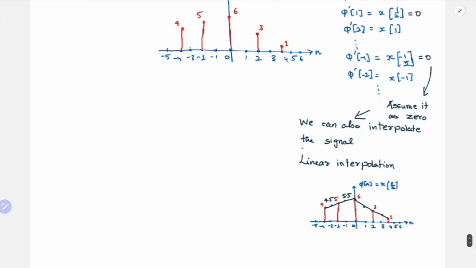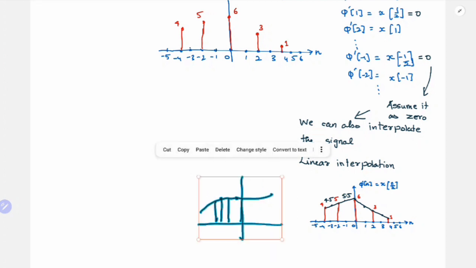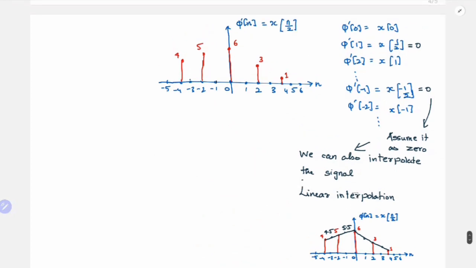Otherwise, if you have the continuous signal and you have sampled that at these points and you got 4, 5, 6, then you can get the values from here also. If we don't have both these pieces of information and we don't want to do the linear interpolation, then we'll just assume this as 0.